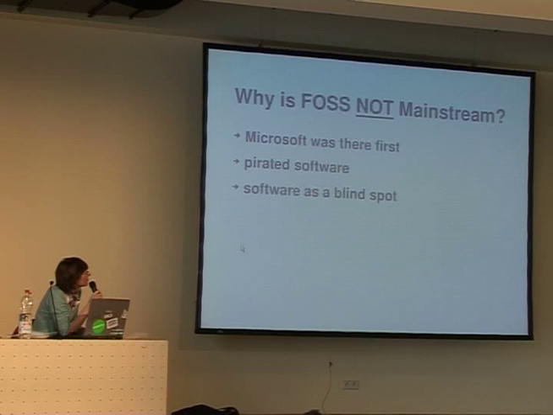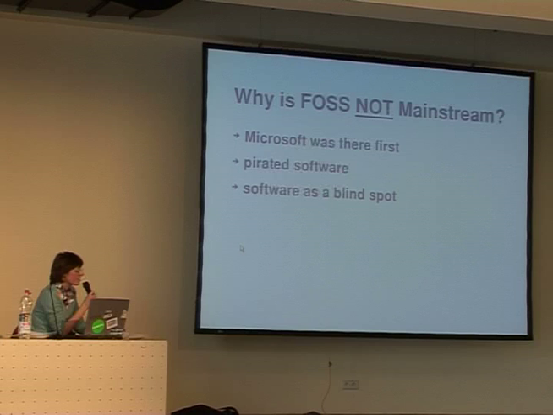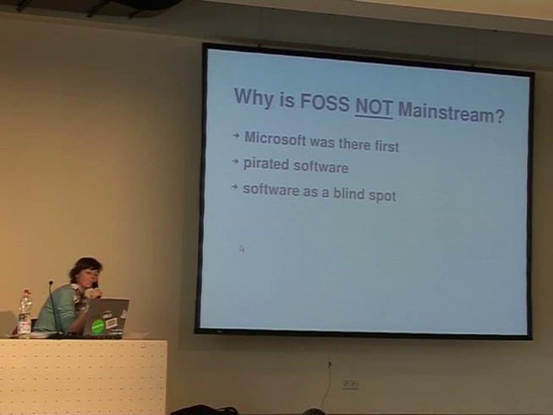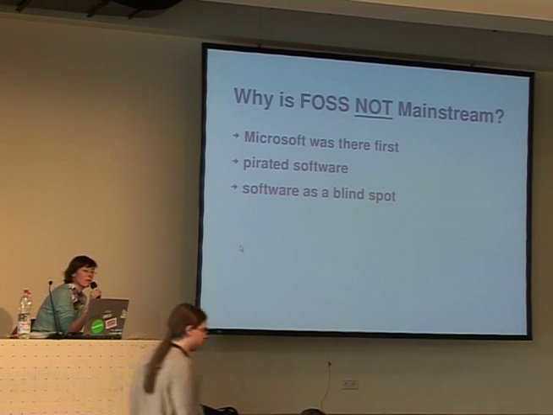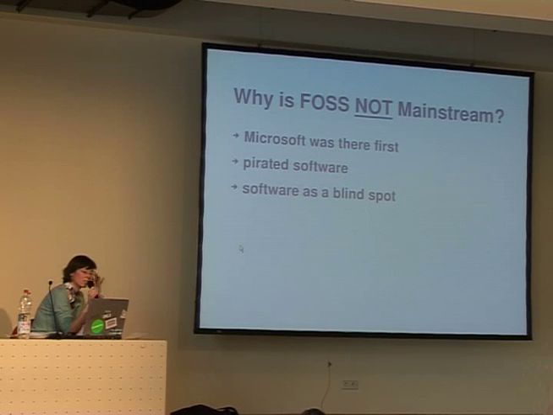And then there are lots of reasons that are not so obvious, but these reasons also explain why open source, free software, is not mainstream when it comes to these issues, and that is that software policy just serves as a blind spot. The activists I talked to all reported this very common experience that the people who take part in this policy issue, digital divide, talk about everything.